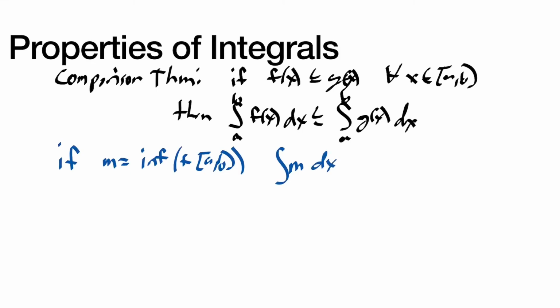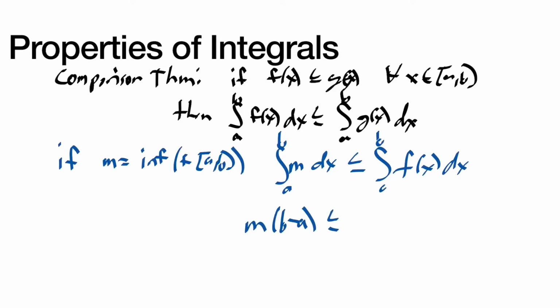Well, then that means that the integral of m dx is less than or equal to the integral of f of x dx over that interval. And so that means m times b minus a is less than or equal to that integral from a to b of f of x dx. And that ends up kind of being a nice result.